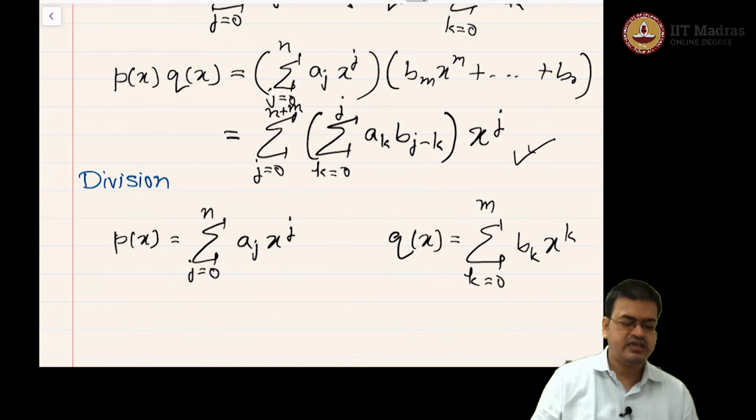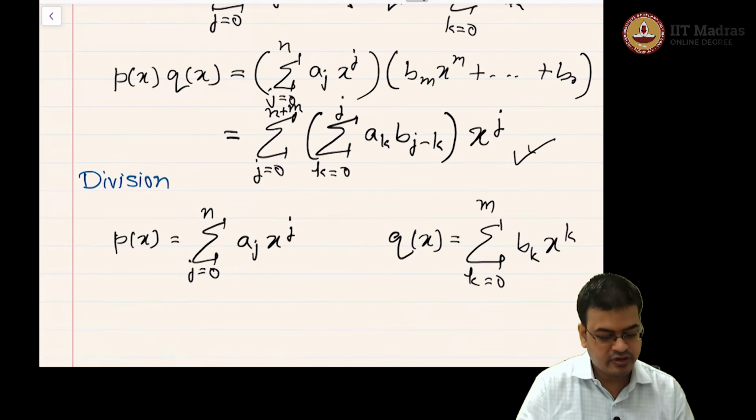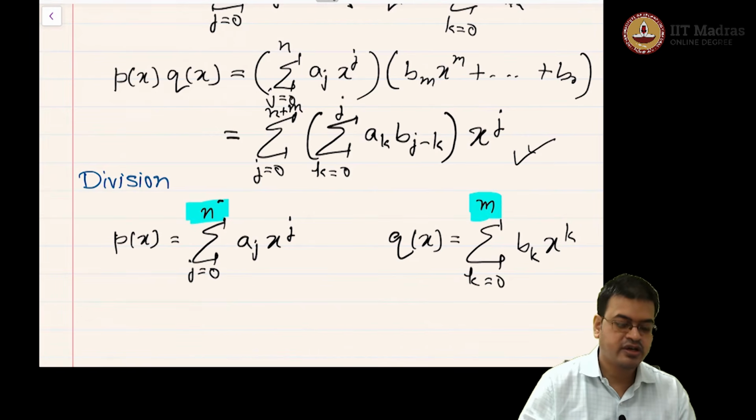What we are essentially trying here is to divide a polynomial. So if I want to divide a polynomial I need to know the order relation between this particular point and this particular point, whether n is greater than m or n is less than m.